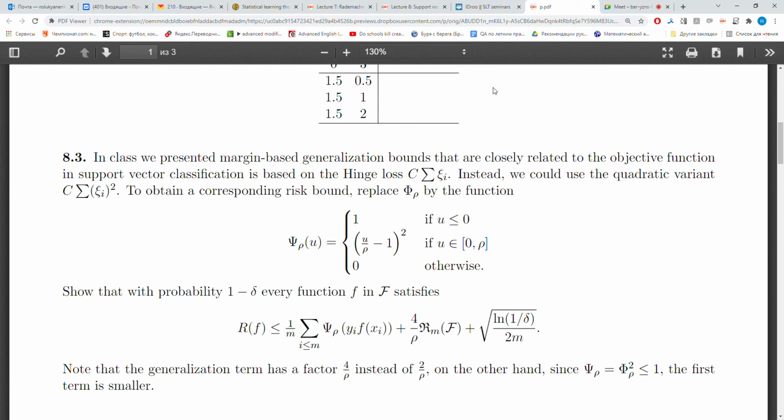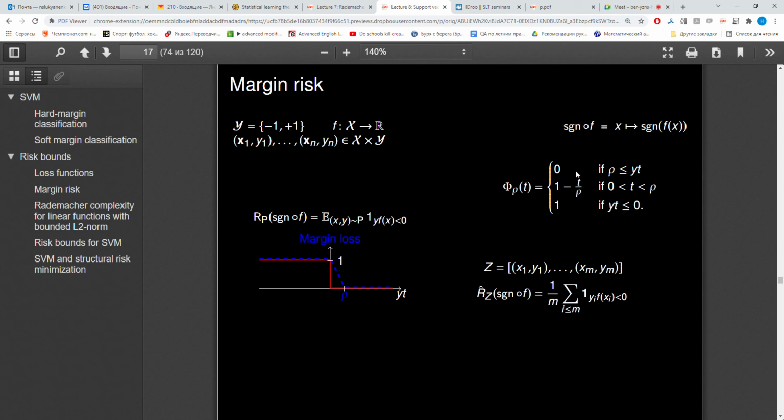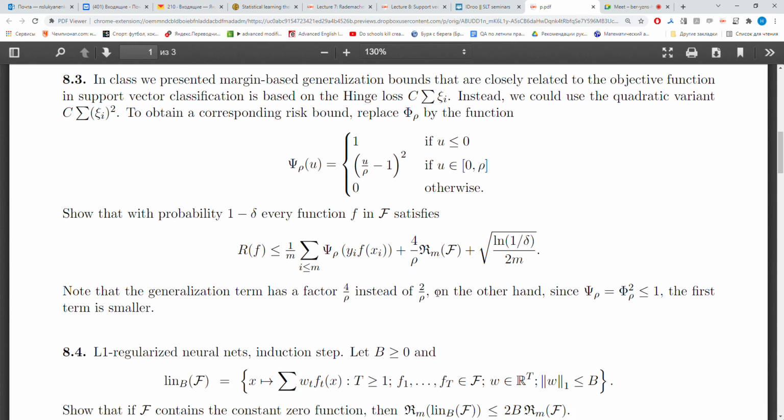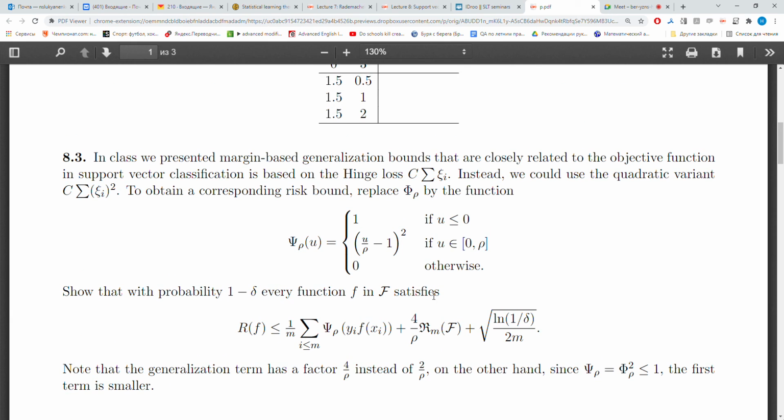If you remember, we were using this loss function for some inequalities in the lecture. Now we are asked to apply this inequality and estimate the risk.